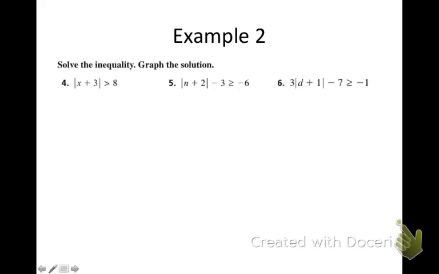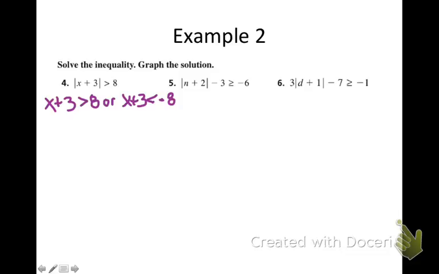Let's try some of the "or" inequalities. So the first one is saying that the absolute value of x plus 3 is greater than 8. So we have x plus 3 that is greater than 8, or we have x plus 3 is less than negative 8. Same thing happens when the expression inside is negative.